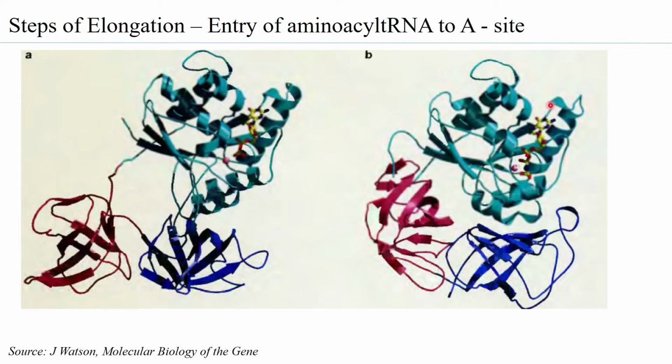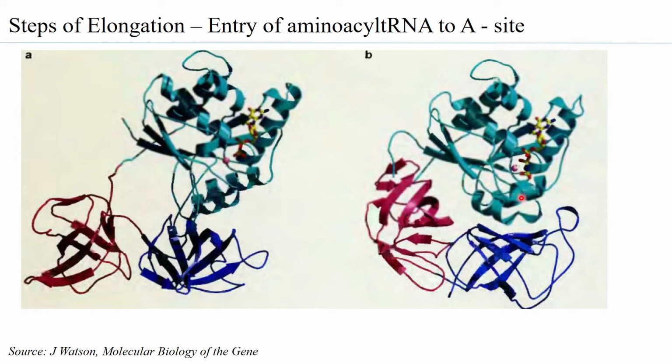But when it is bound to GTP, what you can see is a shift of this domain to form something that can act as a cap. So you can have something bound over here.